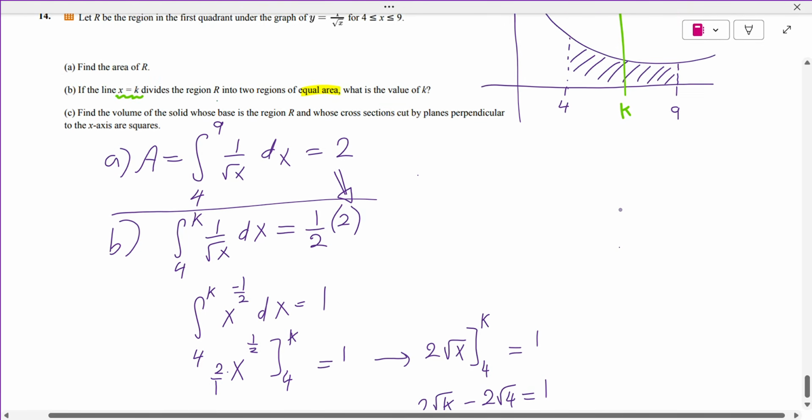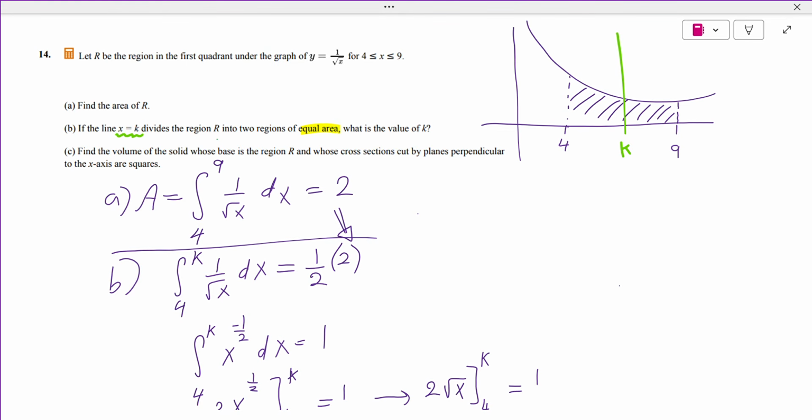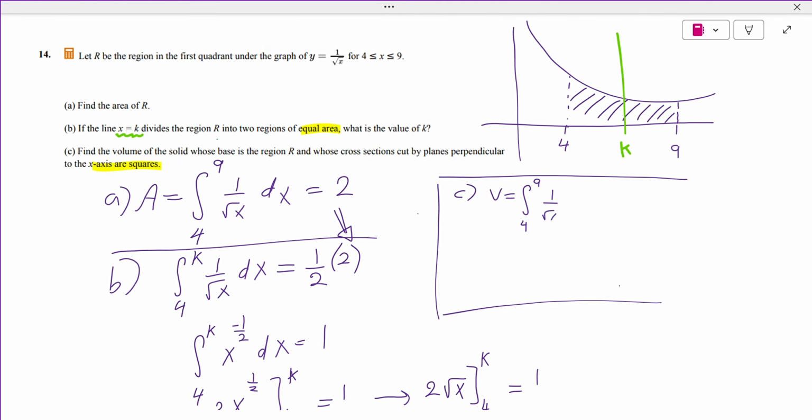Now going back to part C, it says find the volume of the solid whose base is the region R and whose cross sections cut by planes perpendicular to the x-axis are squares. Well, this is very simple. Part C, the volume is given by the integral from 4 to 9 of (1 over root of x) all squared dx.